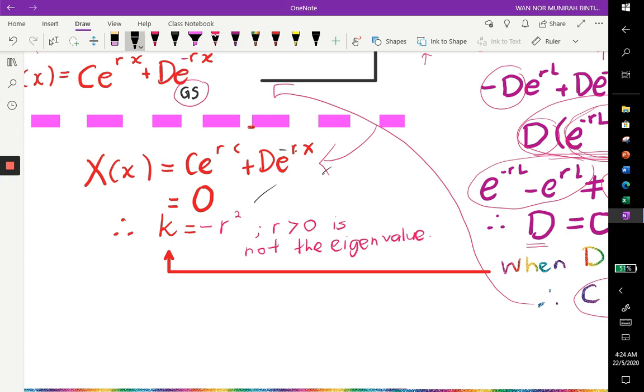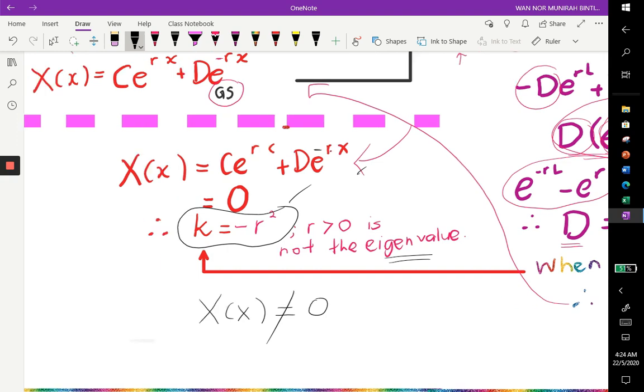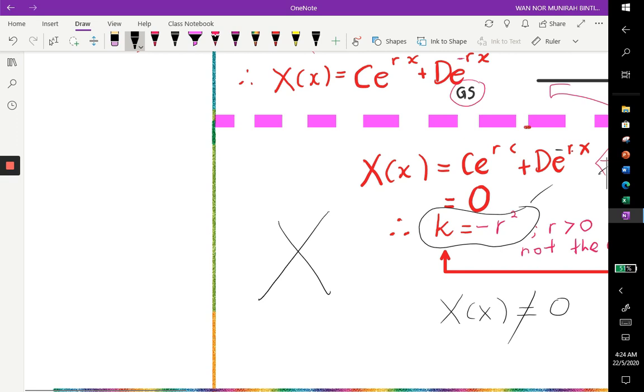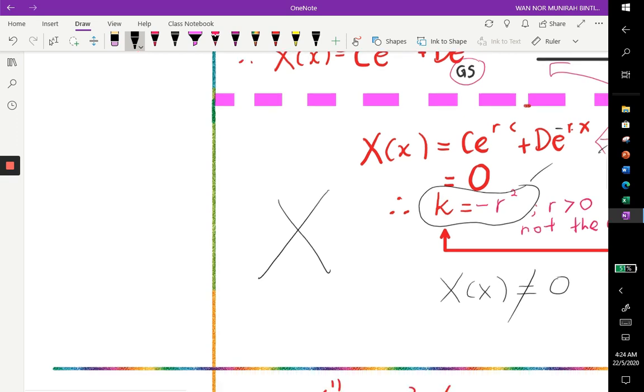I don't want the solution of x equals 0. We want the solution when x is non-zero. So we can conclude that the choice k equals negative r square is incorrect, where this k is not the eigenvalue to the problem. So this is not the solution that we want to find. Okay, so we proceed to when k equals 0.